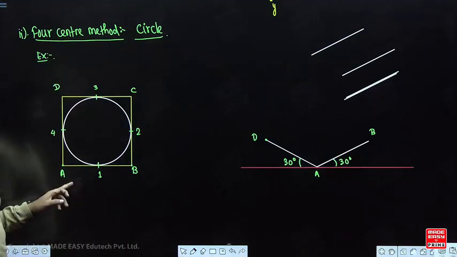Correct? So we know that isometric is drawn both angle at 30 degree. So AB make 30 degree and AD make at 30 degree.